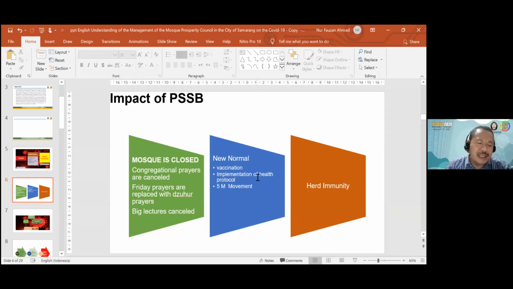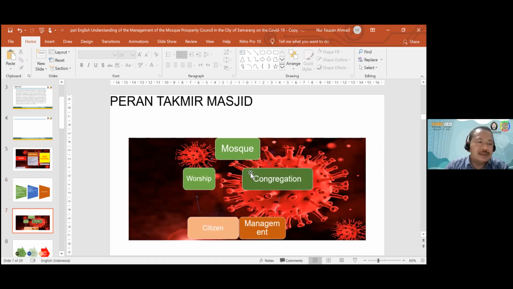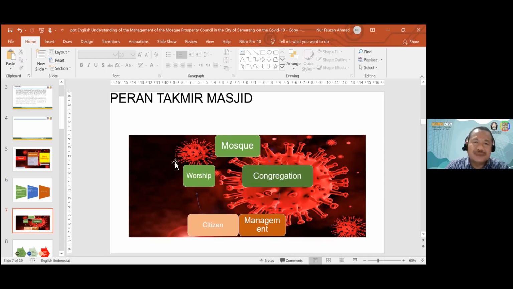So the mosque management or takmir's understanding of illness and epidemic is important to determine how to handle it, especially communication with the congregation. They will determine how the government and communities make decisions regarding the handling of the outbreak. This is mosque, congregation, management, citizen, and worship.